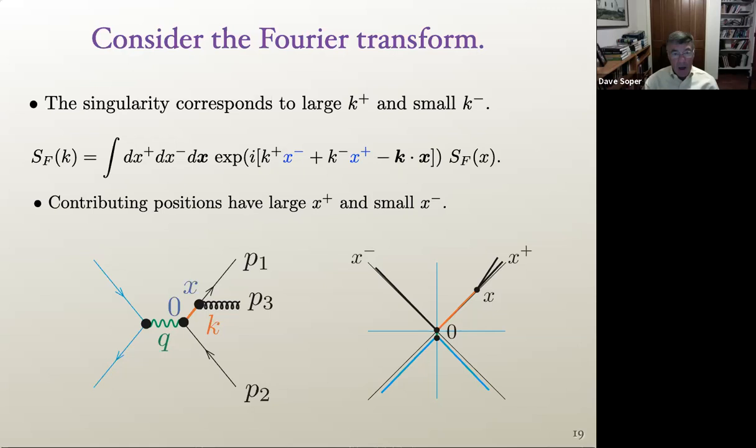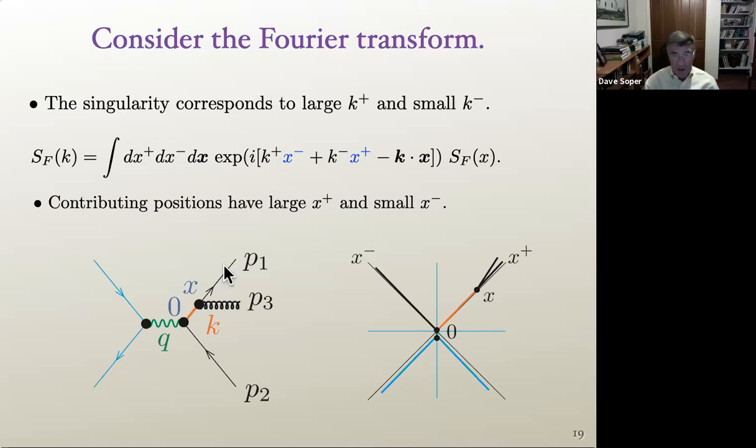So if K minus is small, then the contributing X pluses in the Fourier transform are big. And similarly, if K plus is big, the corresponding X minuses are small.